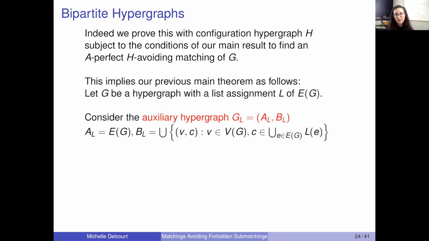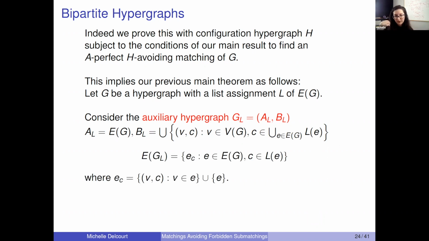So we're going to throw in vertex color pairs, where the color is coming from the list of the edges. So we're going to throw in E itself and all of the colors in the list of E. So in other words, we're throwing in these color pairs for each edge, and we are also marking them with the edge itself.